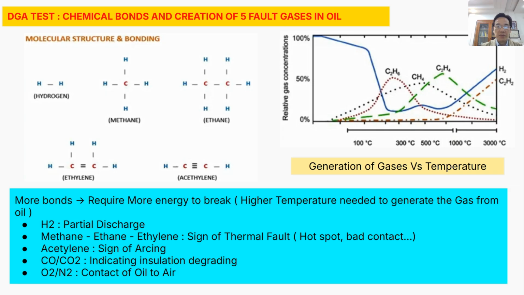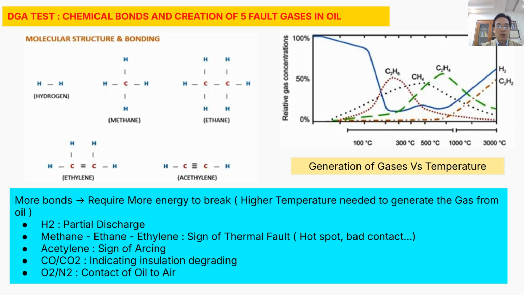If you look into the molecule of each gas, chemically, the combination of the molecule of gases must follow the chemical rule. The example here is hydrogen: we have one bond connecting hydrogen atoms to create the hydrogen molecule.